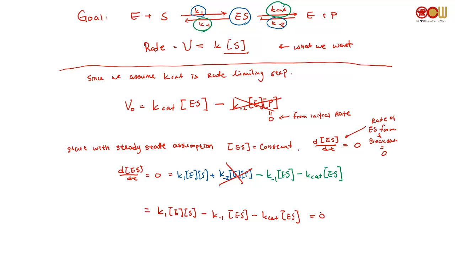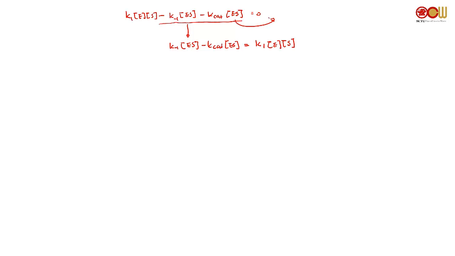So k_1 E S minus k_-1 ES minus k_cat ES is equal to 0. If we move a couple of things, this becomes k_-1 ES plus k_cat ES equal to k_1 E S. I essentially just moved these terms to the other side.